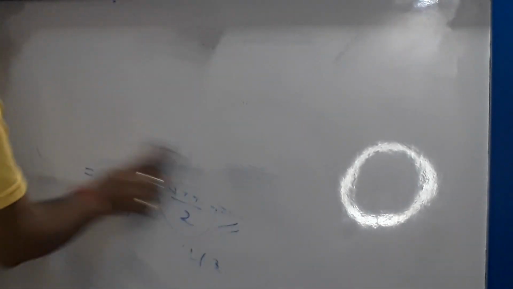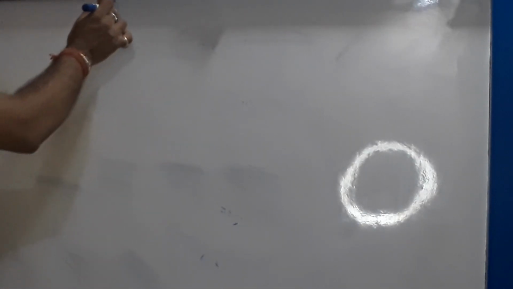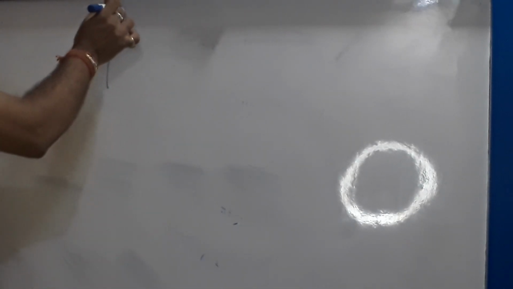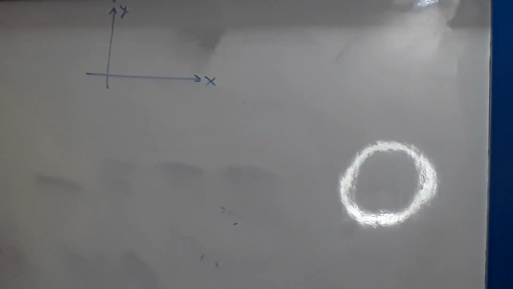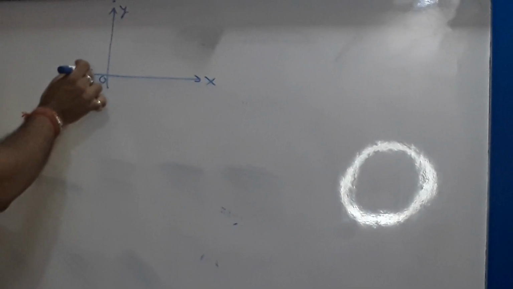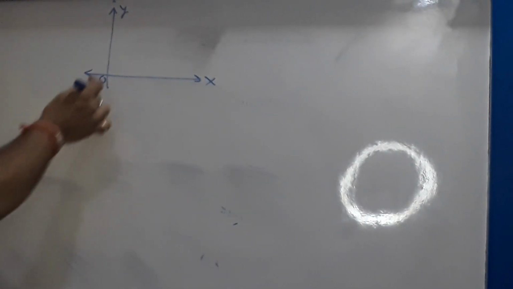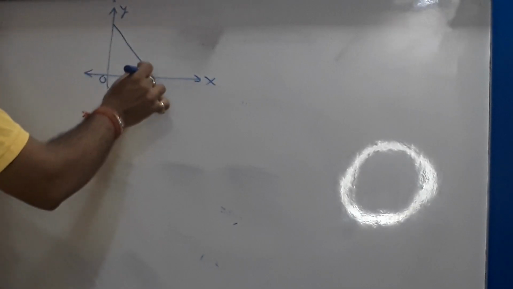So median we have found by using length of the median by using distance formula. Another type of question we will see. Y-axis, x-axis, then this is origin O, there is a line AB.